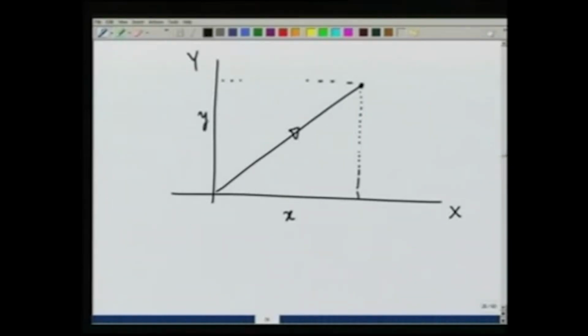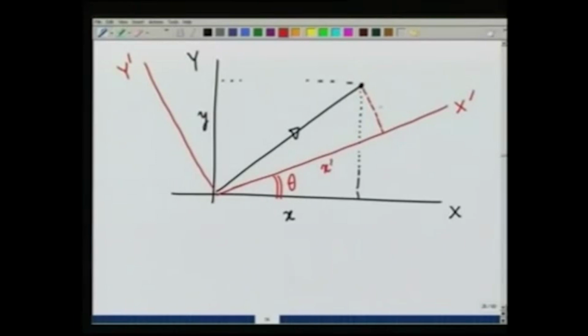I am looking at the same vector from another frame, and let me now use a different color. X prime and y prime frame, which is rotated with respect to the first frame by an angle theta. The component x prime is going to be given here. This is going to be x prime and this is going to be y prime.